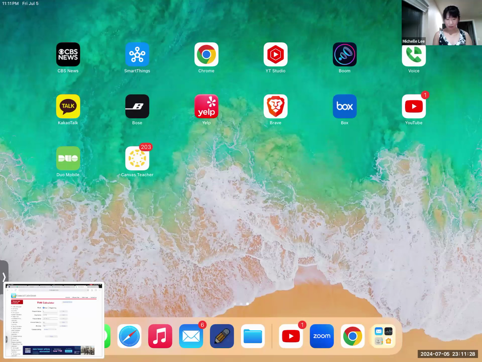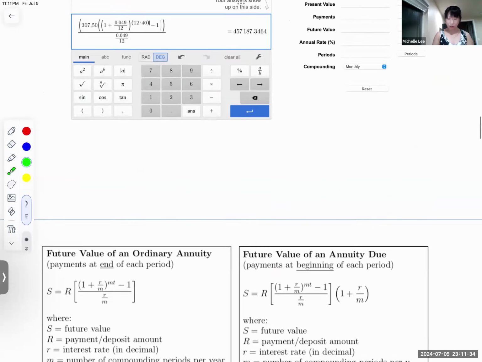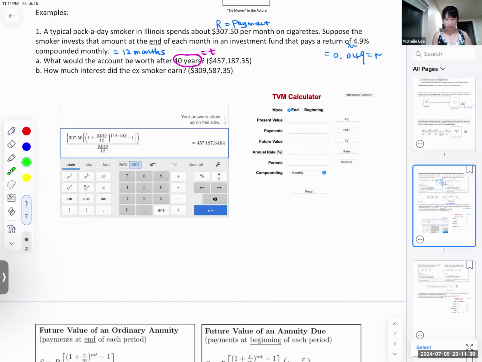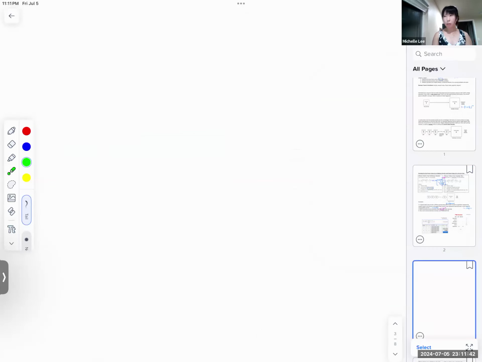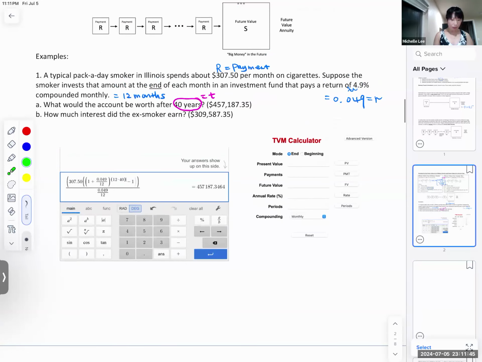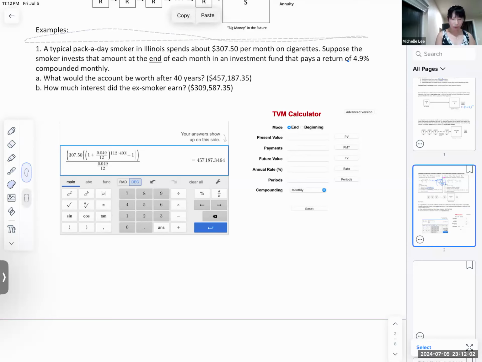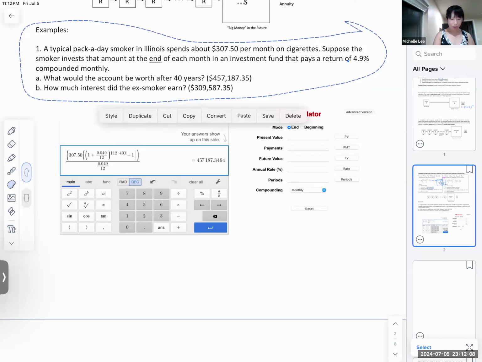Okay. Oh, there we go, right? Sorry, I need to delete everything, otherwise I cannot make a copy and paste. Copy.